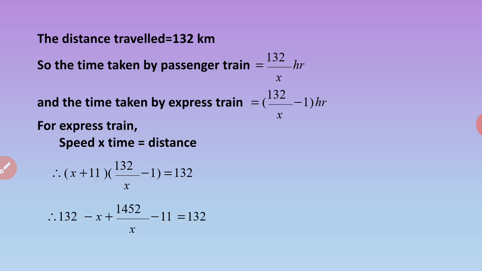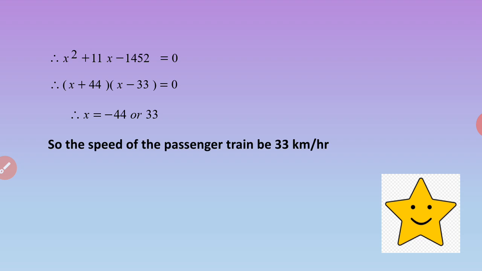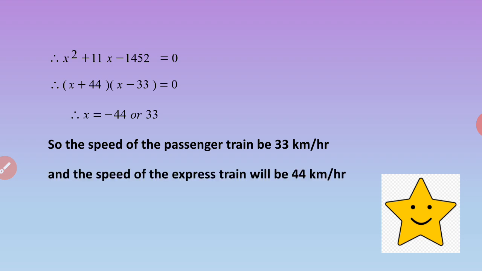Now when you solve it further, you will get a quadratic equation. Solve it further and you get these two values. One is negative. We are not going to consider it. So we will be considering the speed of the passenger train to be 33 km per hour, and the speed of the express train is 11 km per hour more, that is 44 km per hour.